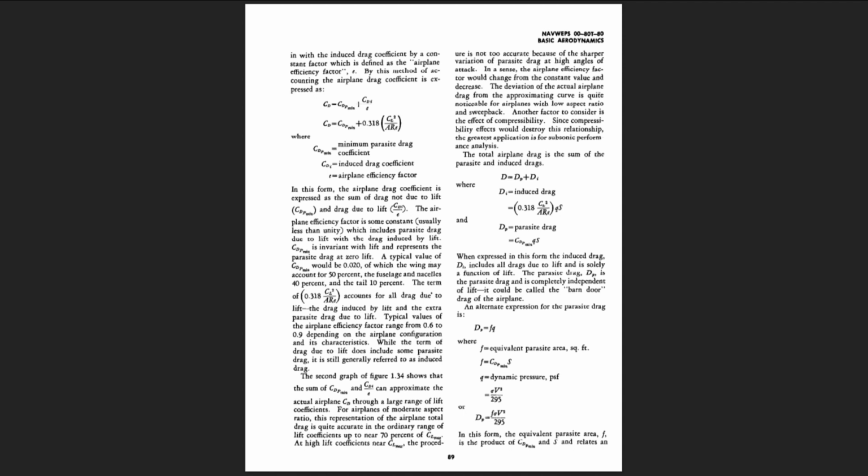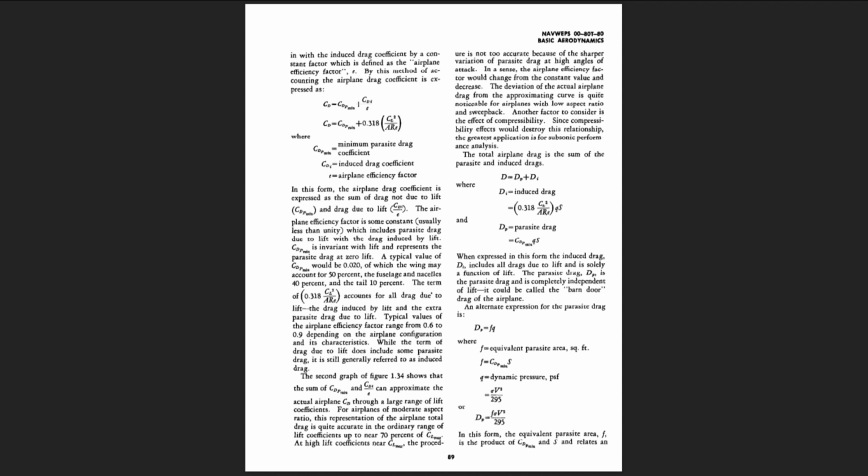An alternate expression for the parasite drag is DP = f q, where f = equivalent parasite area in square feet, f = CDp min S, and q = dynamic pressure in pounds per square foot, or q = σ V² / 295, or DP = f σ V² / 295.